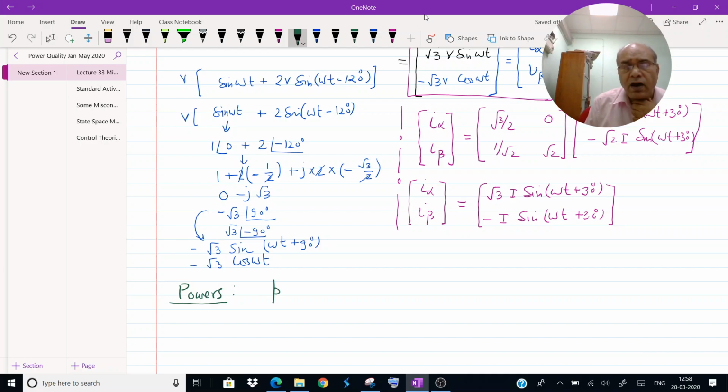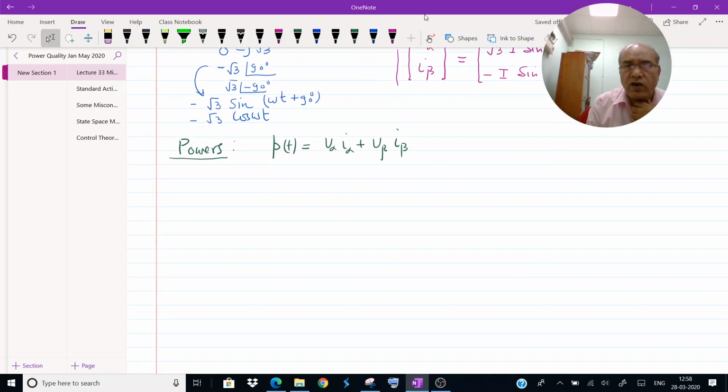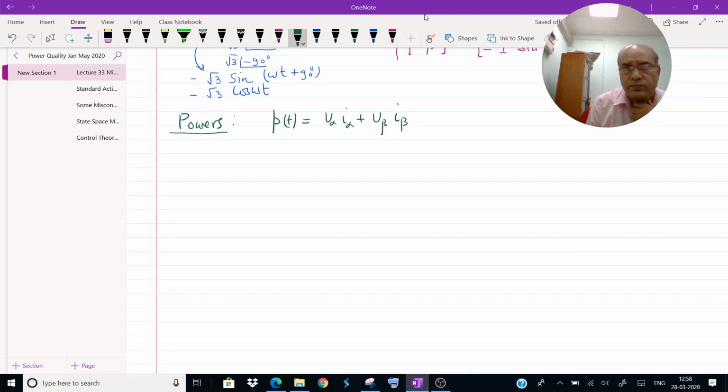So obviously the power Pt is nothing but V alpha into I alpha plus B beta into I beta. That's fine. Now you know what is B alpha: root 3 into B into sin omega t. What is I alpha?